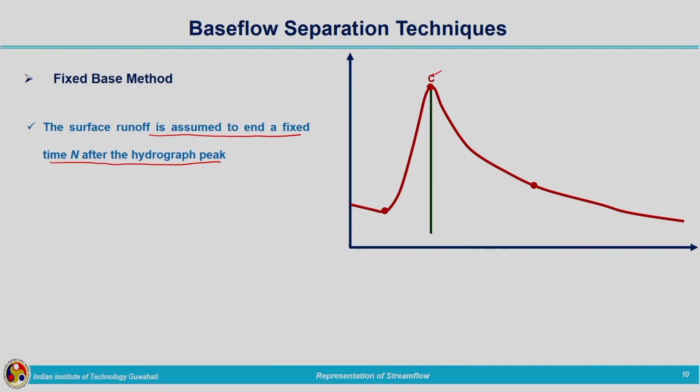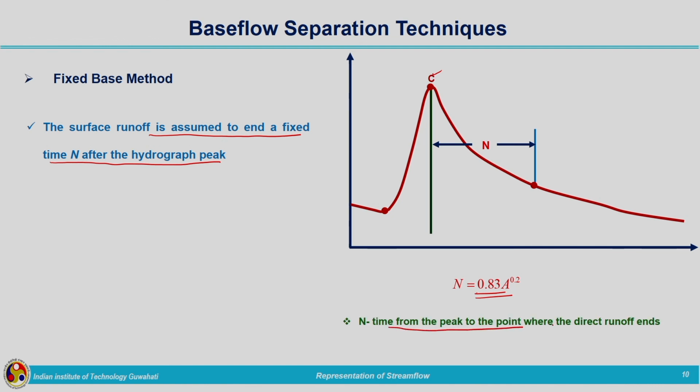From there we are considering a certain number of days after which the surface runoff contribution will get stopped, that is marked by n, and n can be calculated by using the formula 0.83 A to the power of 0.2. So, n is the time from the peak to the point where the direct runoff ends. A is the drainage area in kilometer square.